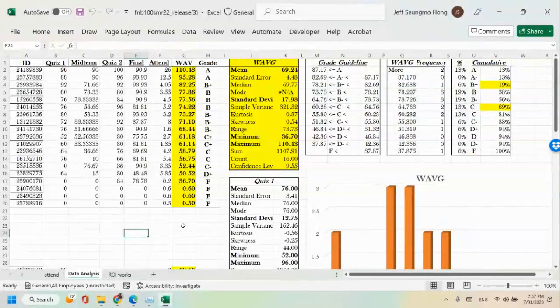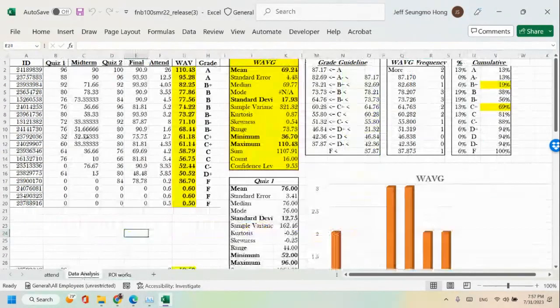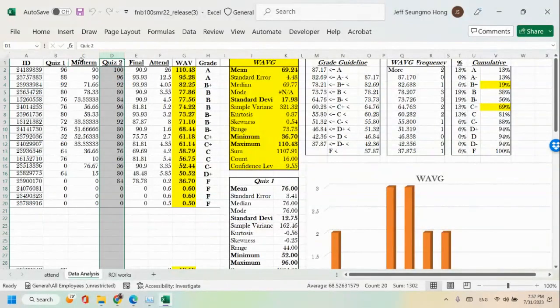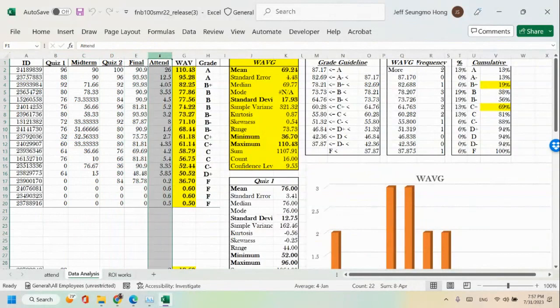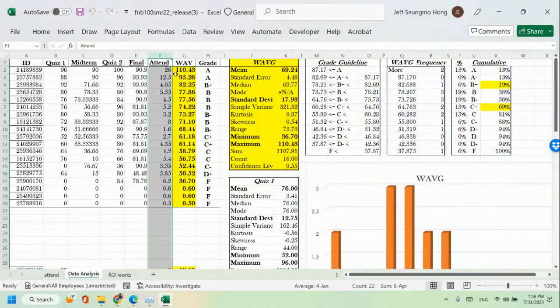So here's what happened. Basically, you are all graded based on quiz 1, midterm, quiz 2, final, and attendance. Quiz 1 is 20%, quiz 2 is also 20%, midterm 25%, final 25%, attendance 10%.